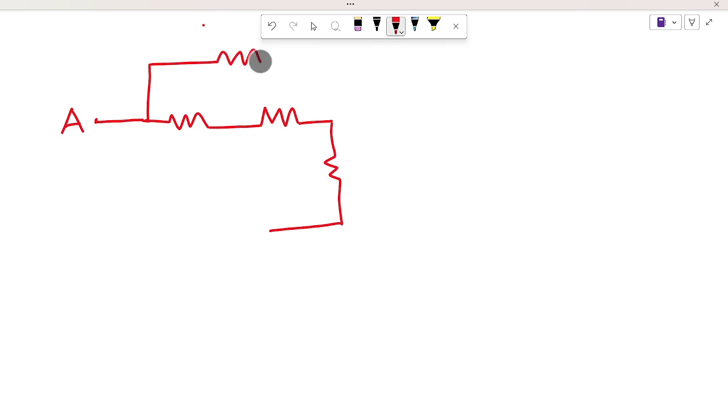We have our terminal A connected to a 6 ohm, another 6 ohm, then, sorry, okay, I'll be done drawing it in a minute.